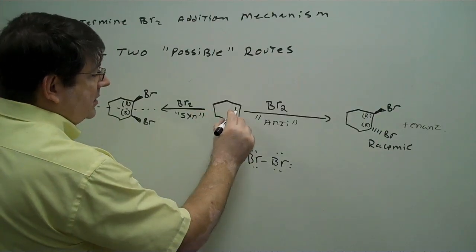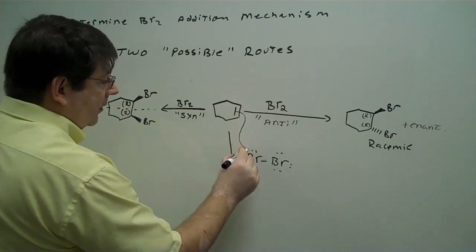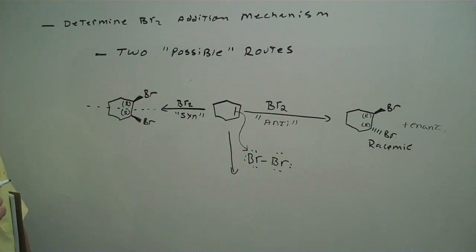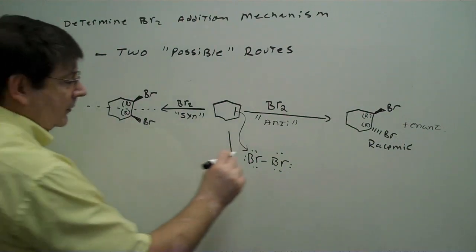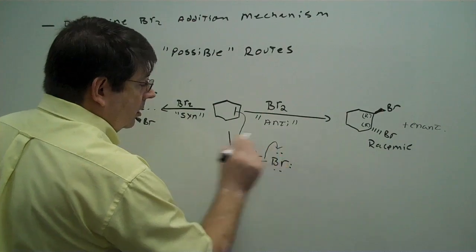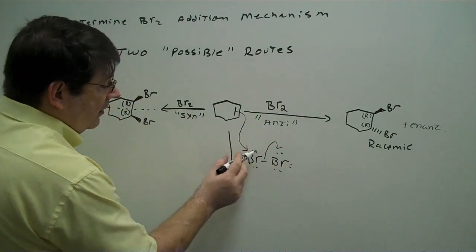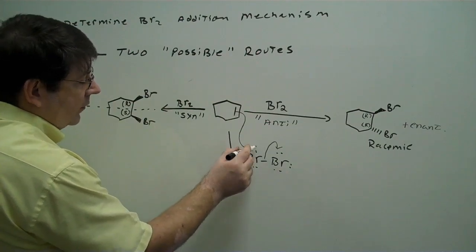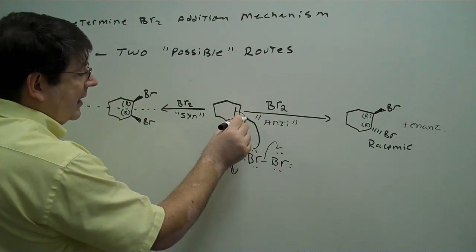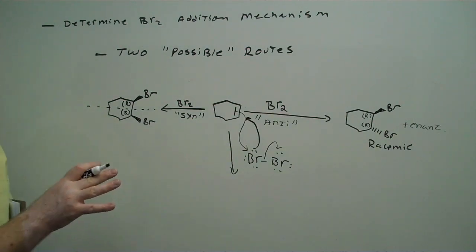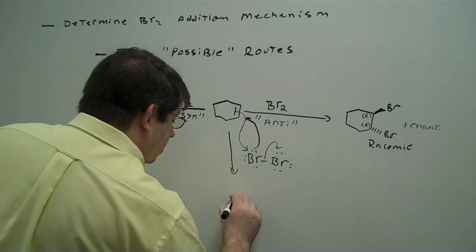The electrons from the alkene react with the electrons on bromine, breaking that sigma bond between the two bromines. We can also have the lone pair of electrons from bromine coming back and attacking what would appear to be a carbocation, if you will. This all happens in a single step.